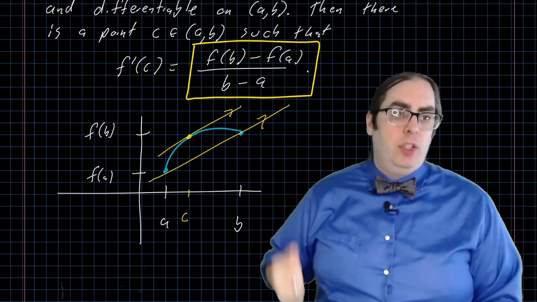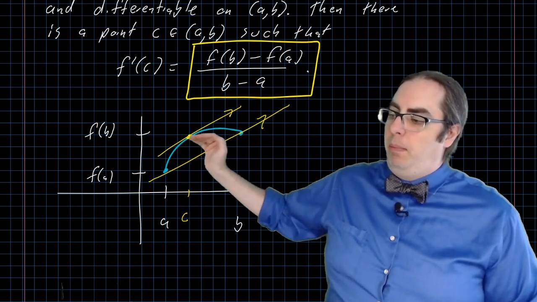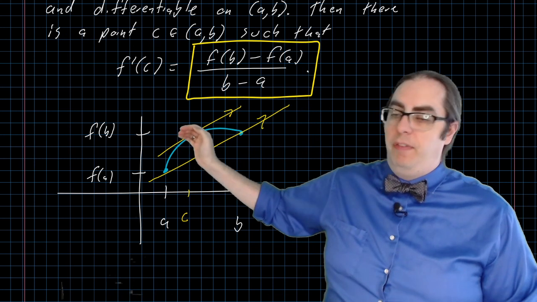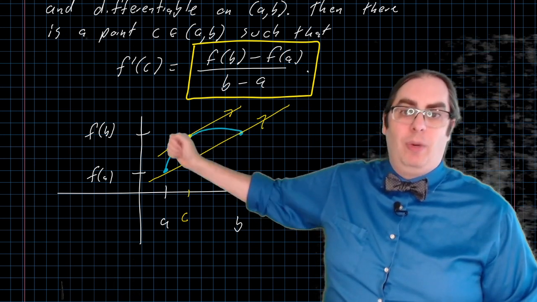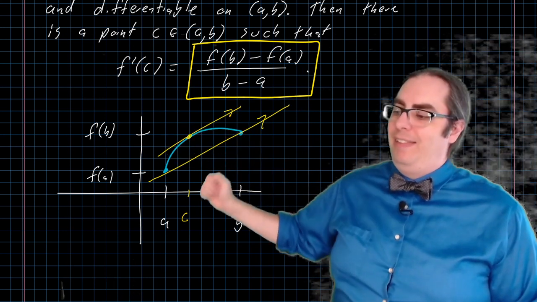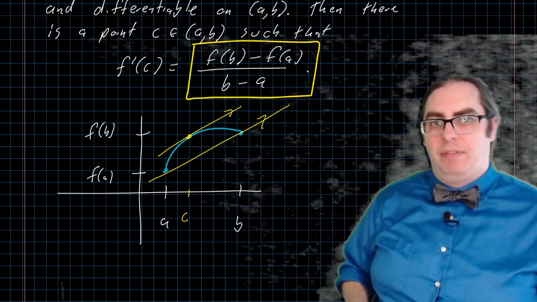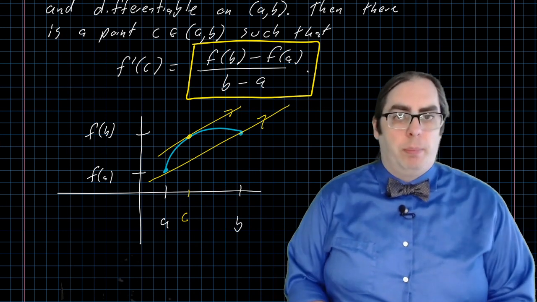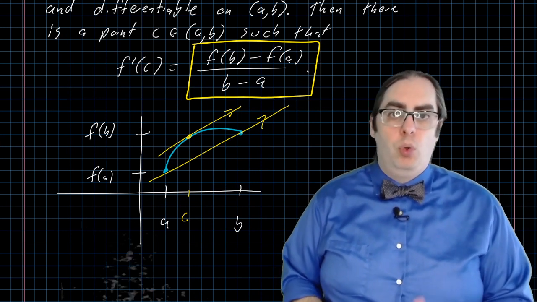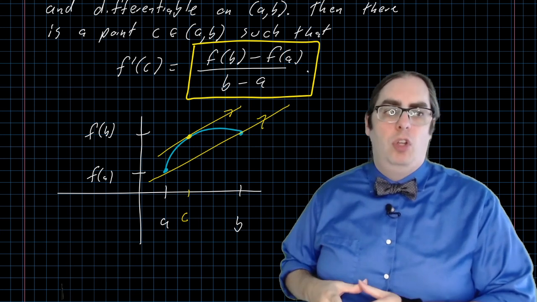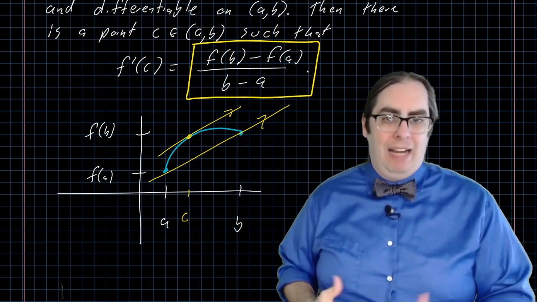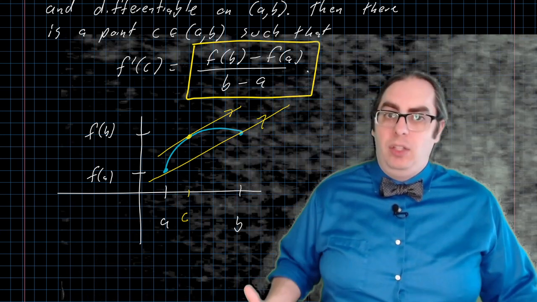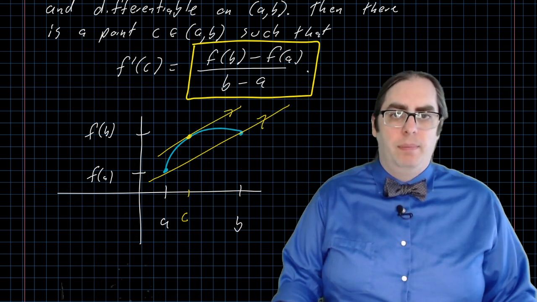So the mean value theorem tells us that at some point in the interval, the rate of change of the function is exactly the average rate of change everywhere. If you are looking for an approximation, that's a useful tool, knowing that this is a place where the rate of change is the average, and you can take that as representative of the entire interval, and you can still do some good work with it.